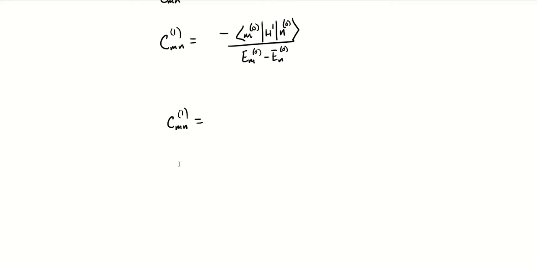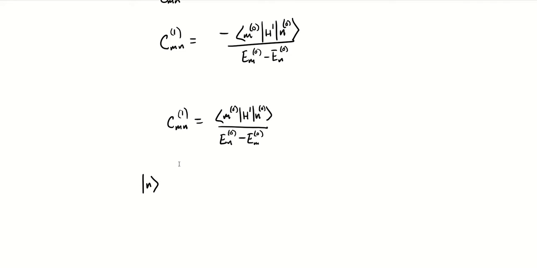cmn1 is equal to <m0|H'|n0> all divided by En0 minus Em0, the difference between those unperturbed energy states.